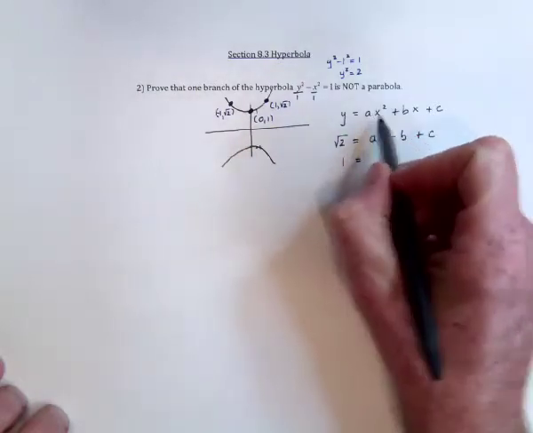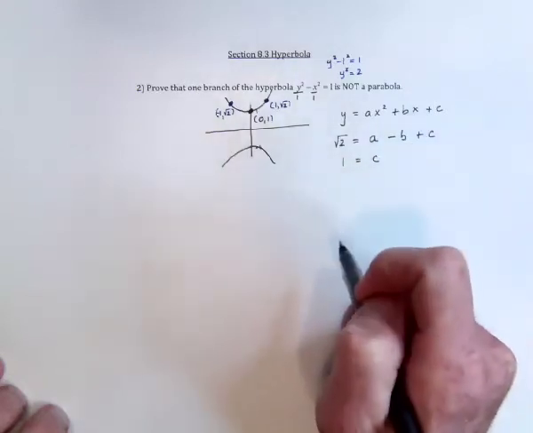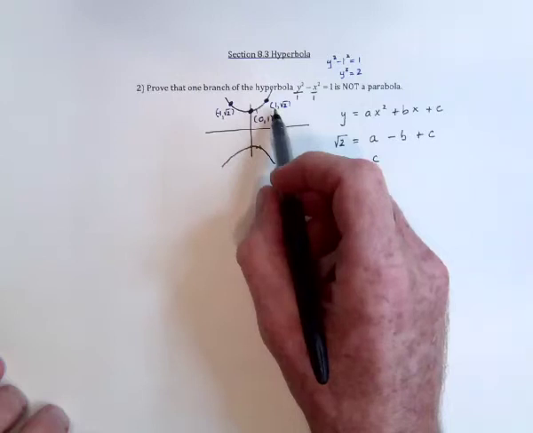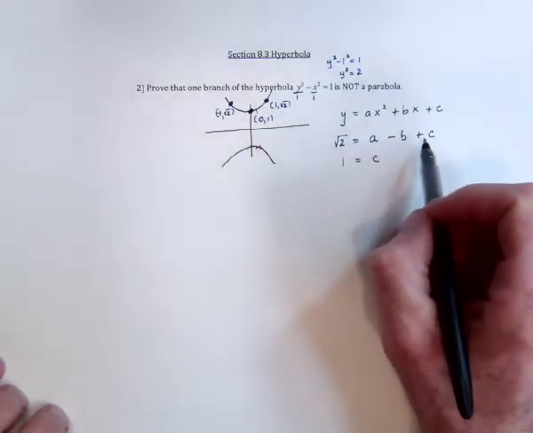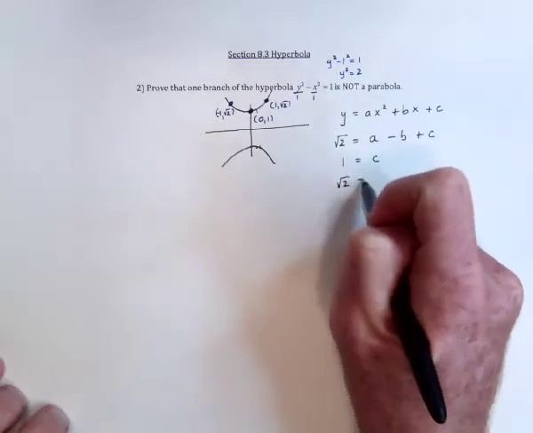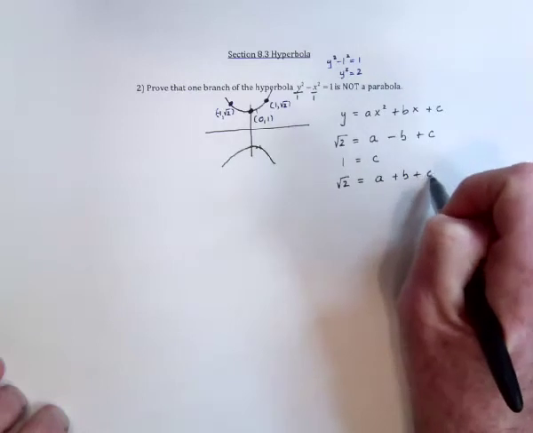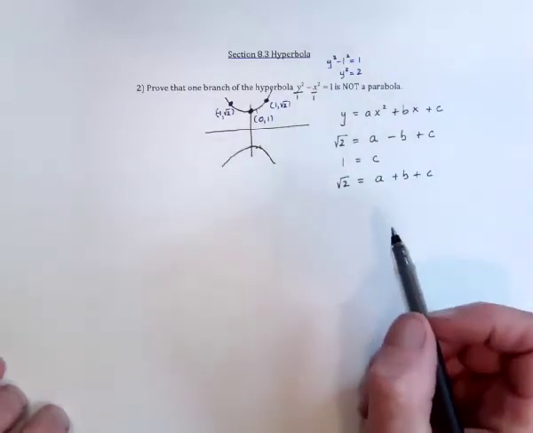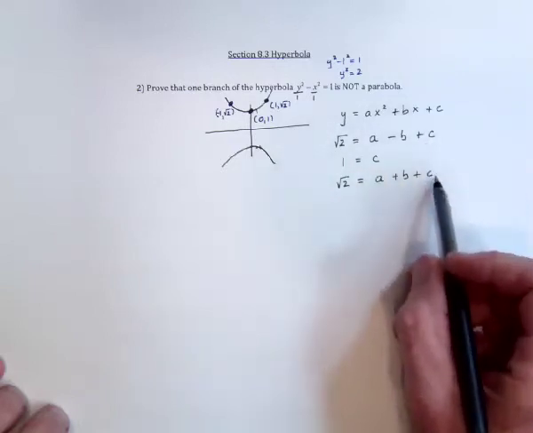So that's going to be 0. That's going to be 0. We found out that the c is equal to 1. And then for this one, it would look like this equation except be positive. Everything would be positive. So there's the square root of 2, and then a plus b plus c. And then we can use the fact that c is equal to 1, substitute that right here and right here.